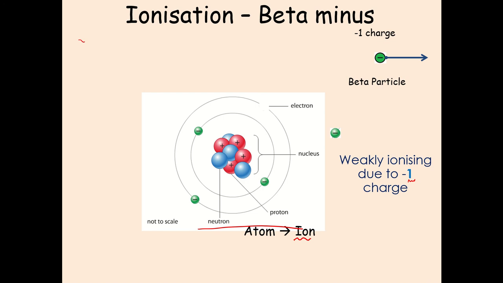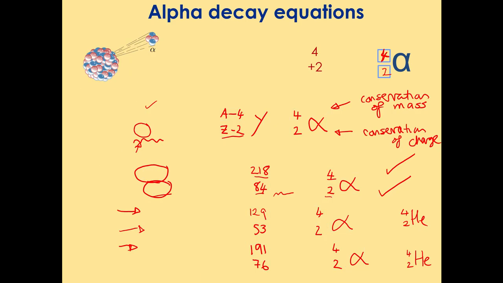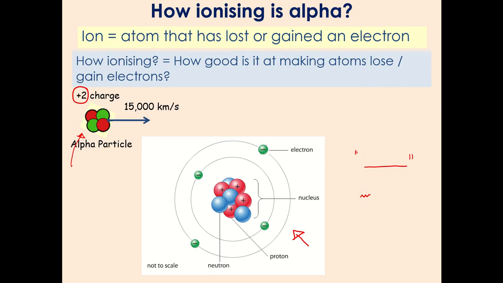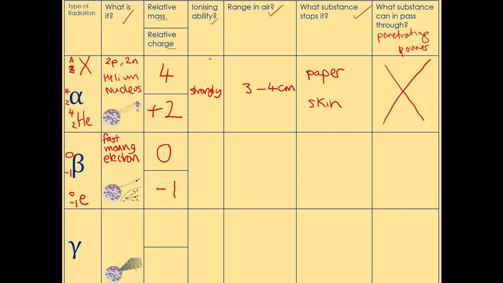So remember that how ionizing it is links to how easy it is to stop. If alpha was strongly ionizing, it was very easy to stop. Beta is only weakly ionizing, so it's less easy to stop. So if we go back to our table then, we find that beta, as we've said, is weakly ionizing.